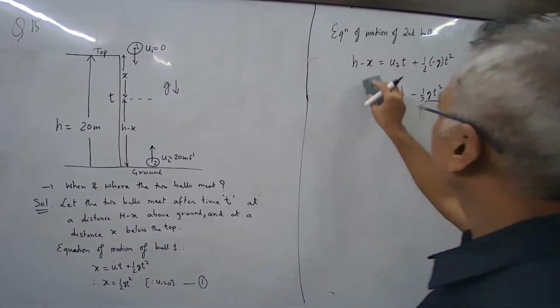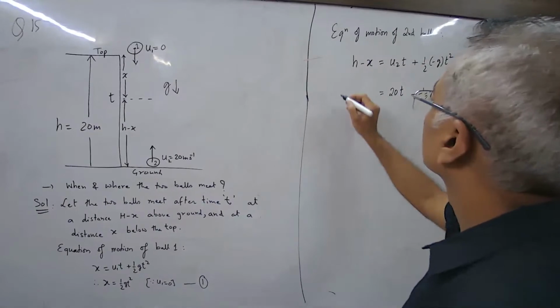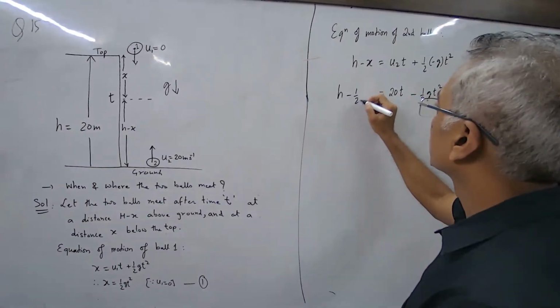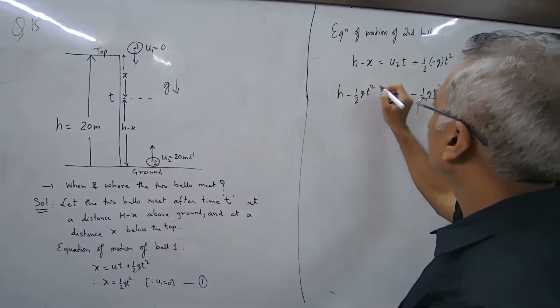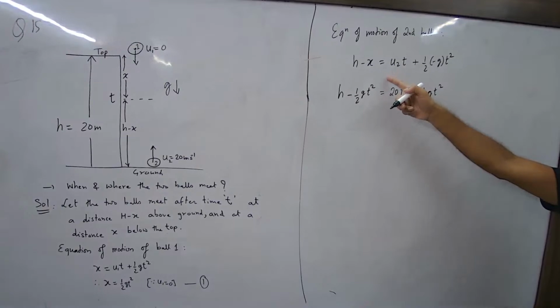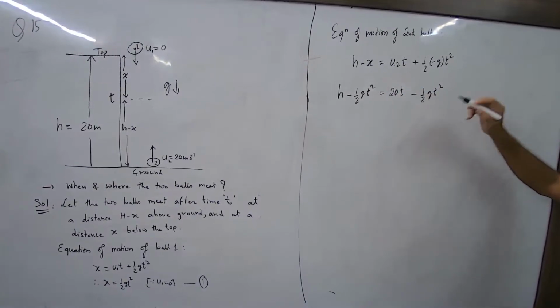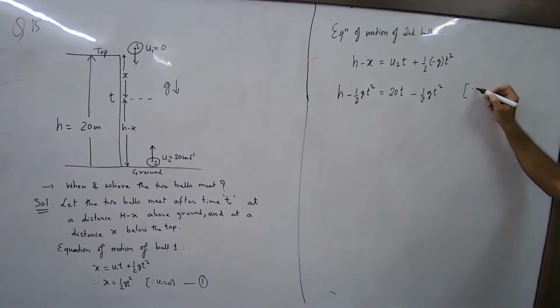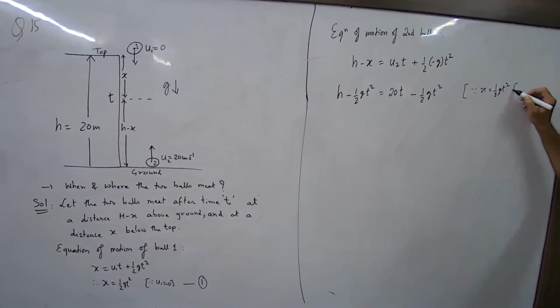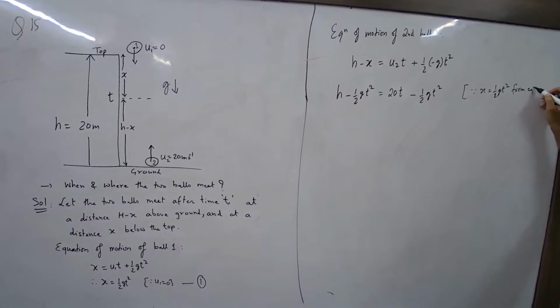And what was x? x is half g t square. We substitute the value of x in this equation, since x is equal to half g t square from equation 1.